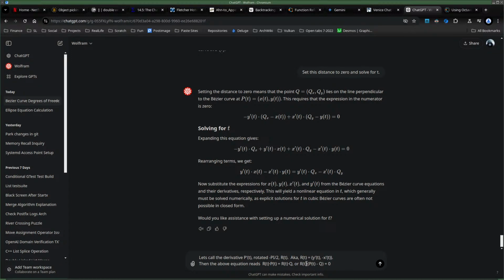Why R? I would expect P prime here instead of R. So this says the vector between P(t) and Q is perpendicular, because dot product is 0 means perpendicular, to R(t), which is the counterclockwise rotated 90 degrees thing of the velocity vector. It doesn't make any sense whatsoever.